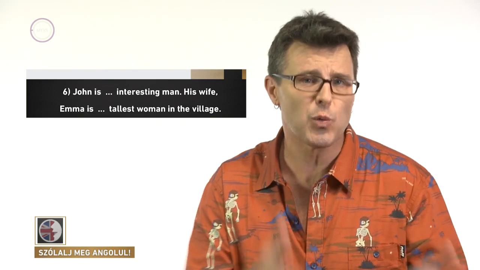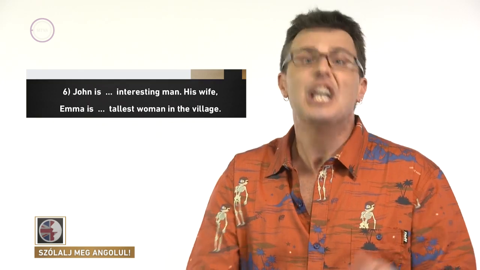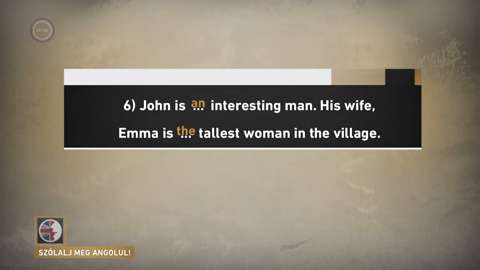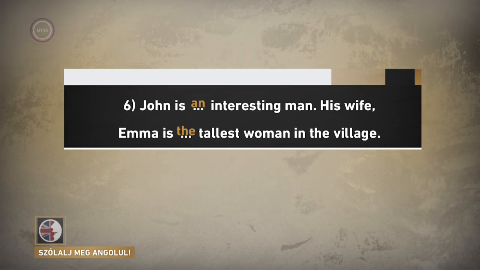Just like John's wife. In this village, she's the tallest. Definite article. John is an interesting man. His wife, Emma, is the tallest woman in the village. Okay, well done everyone. Practice over and, in fact, lesson over.